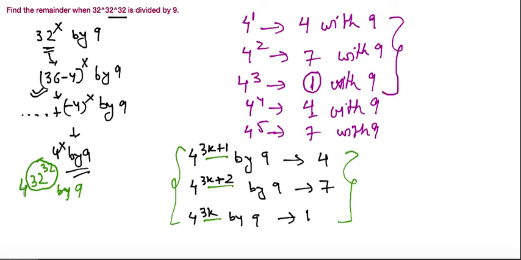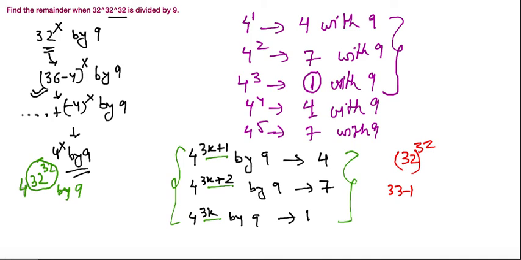So basically what we need to do is find out the remainder when 32 to the power 32 is divided by 3. So if you look at 32 to the power 32, 32 is at a distance of 1 unit from a multiple of 3, which is 33, right? So basically 32 is nothing but 33 minus 1, right?